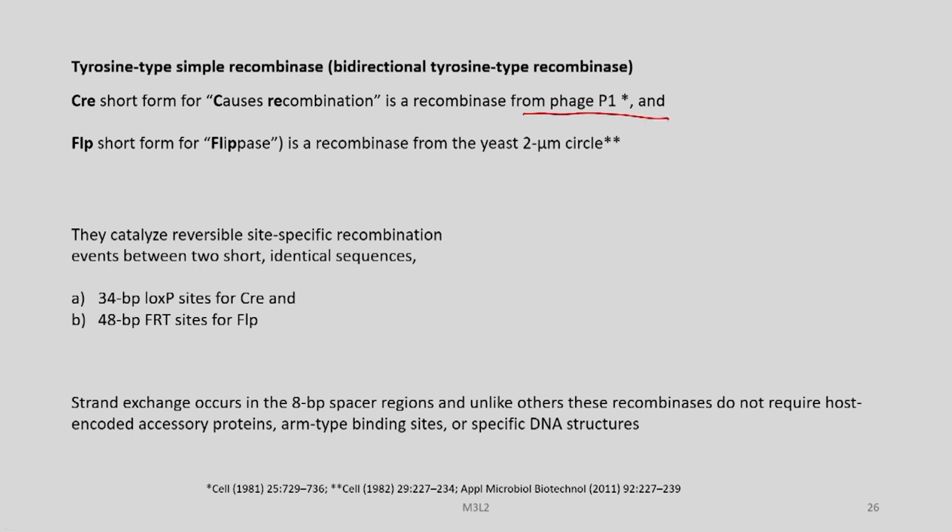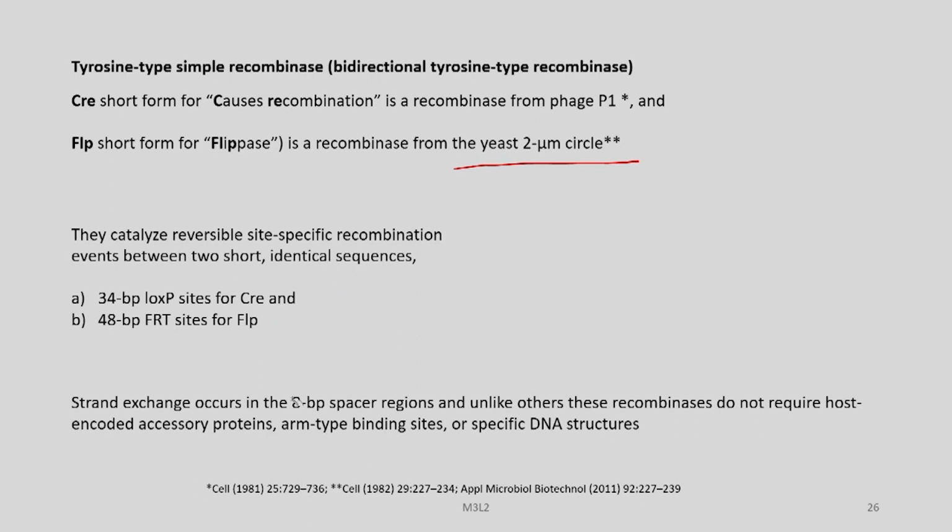Similarly, FLP is short for flippase, and this is a recombinase from the yeast 2 micron plasmid circle. Both of these catalyze reversible site specific recombination events between two short identical sequences, and these sequences are 34 base pair LOXP sites for CRE and 48 base pair FRT sites for FLP.